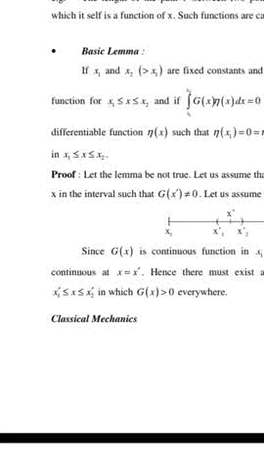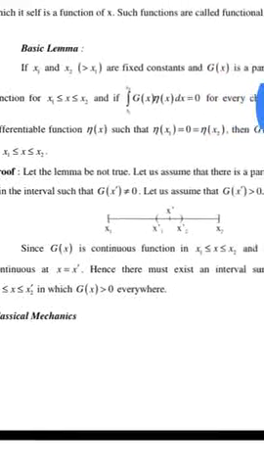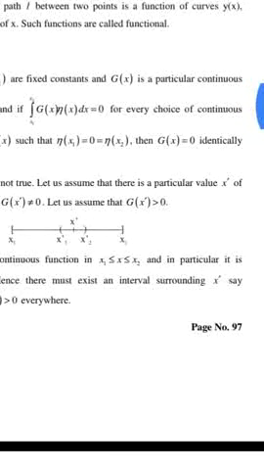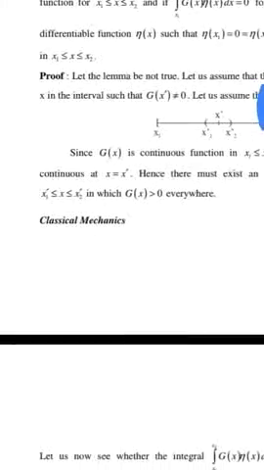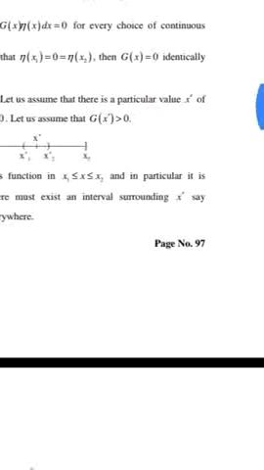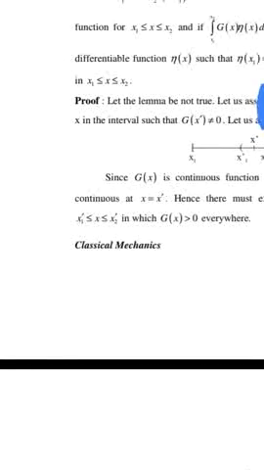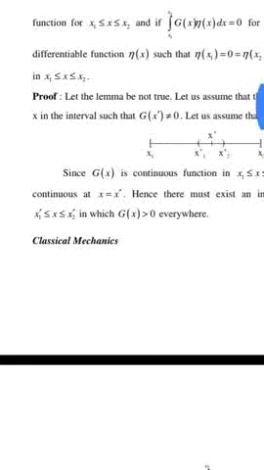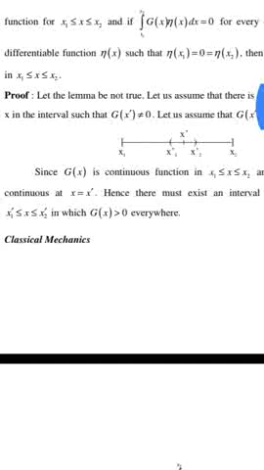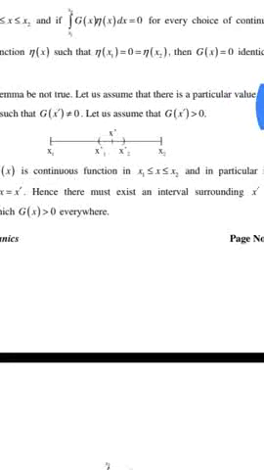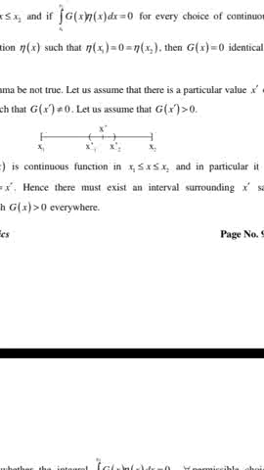Suppose that the lemma is not true. Let us assume that there is a particular value x dash in the interval such that g of x dash is not equal to 0. Suppose, to the contrary, that g of x dash is greater than 0.